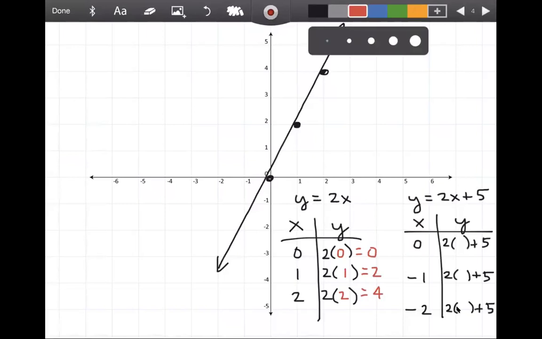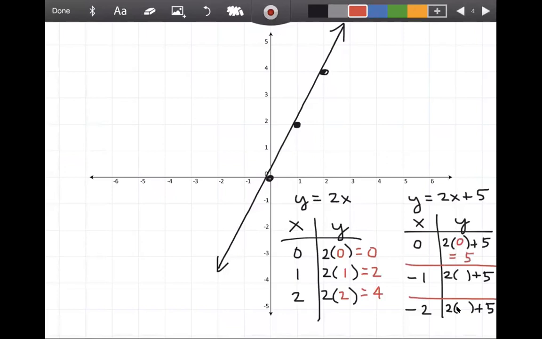All right. 2 times 0 is 0. 0 plus 5 is 5. 2 times -1 is -2. -2 plus 5 is 3. 2 times -2 is -4. -4 plus 5 is 1.